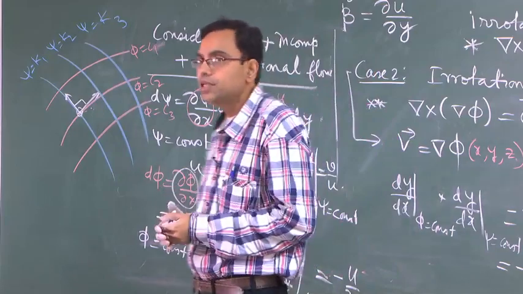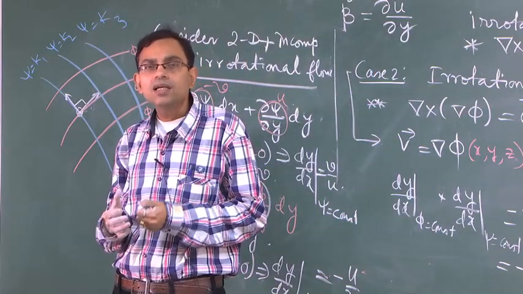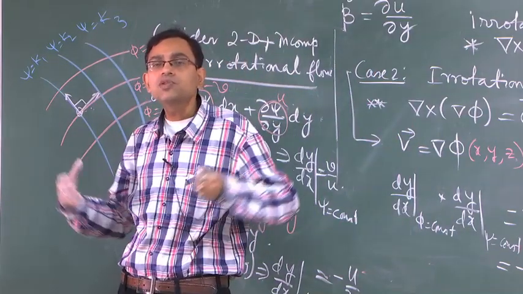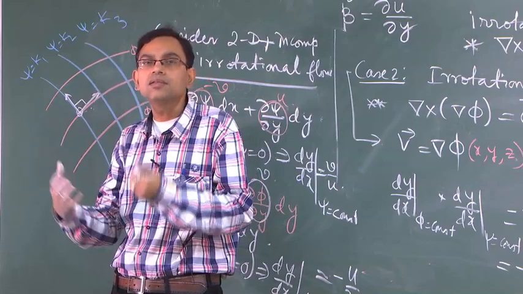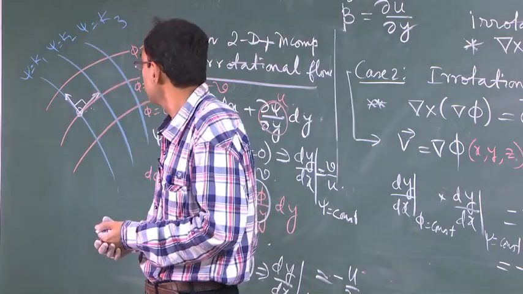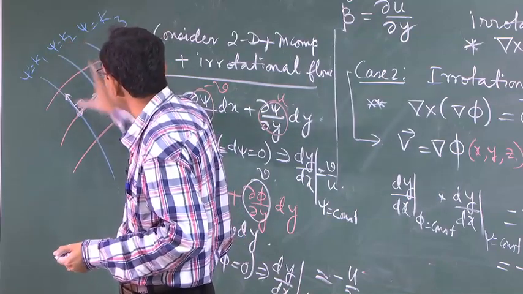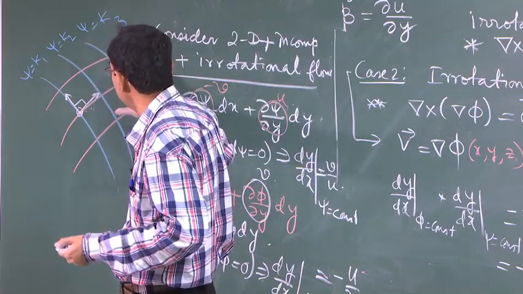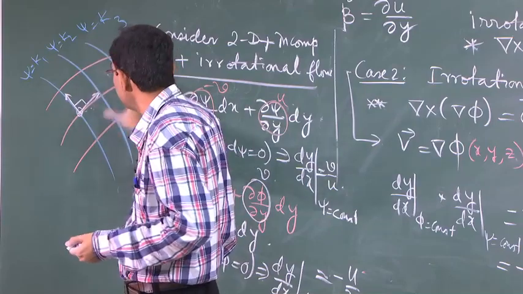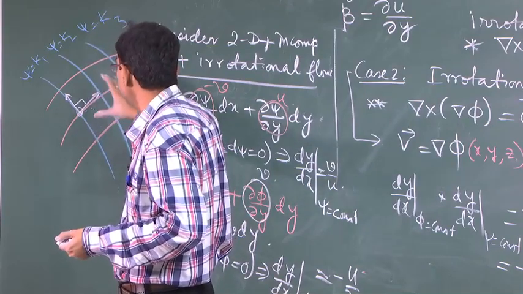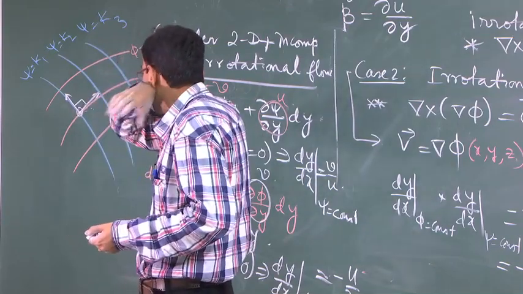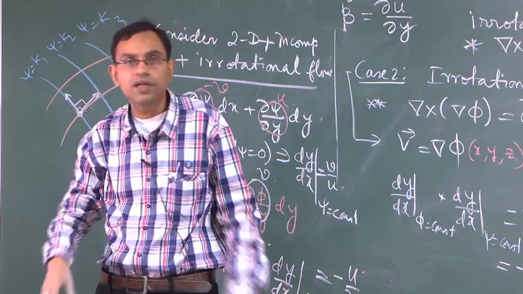A stagnation point is a point where the velocity comes to a standstill, that is, the velocity is 0. So, this kind of network structure, where you have phi equal to constant lines and psi equal to constant lines, a set of orthogonal lines, is a kind of network, equivalently a flow network or flow net.